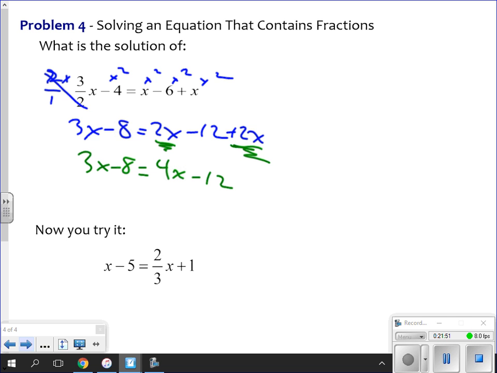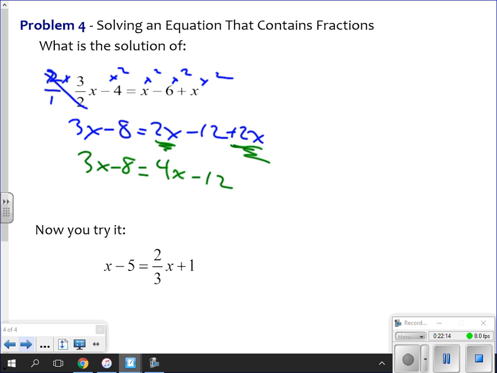So if you have variables on both sides, you still need to look: do I have to simplify one side first? And now from here I solve. Variables on both sides, get rid of the variables on one side. Which one's smaller, 3 or 4? 3.